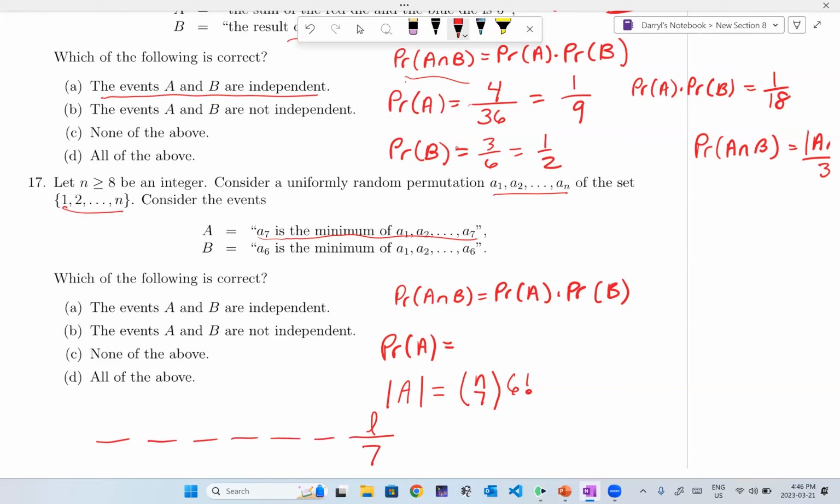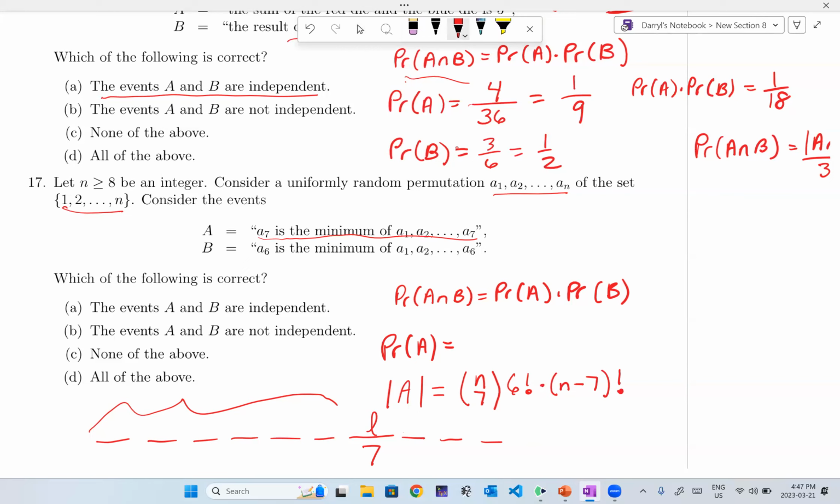I put the lowest number here. The other 6 numbers that I've chosen, I arrange before it. So just 6 factorial ways to do that. And then there are n minus 7 numbers left, and n minus 7 locations, so I have n minus 7 factorial permutations. Okay, so that's the size of A.